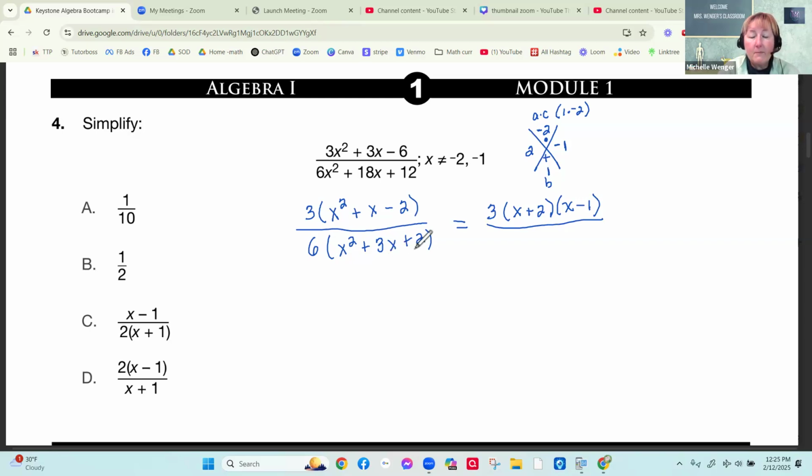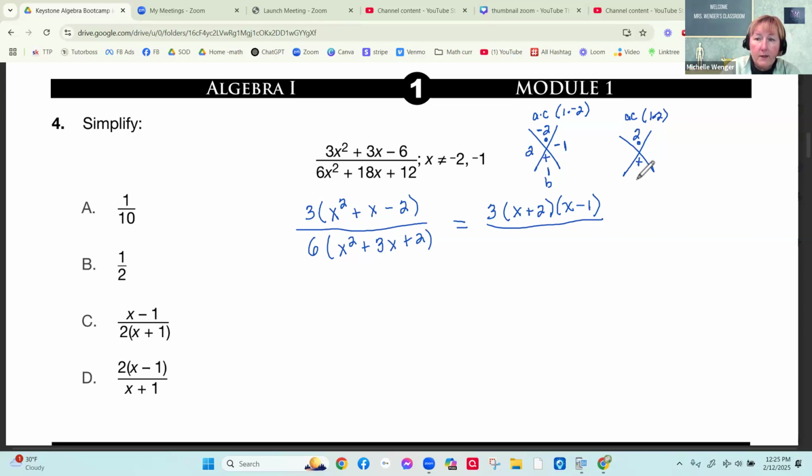Now I'm going to do the same thing with the denominator. I am going to use my little tool here, the times and plus, where this is my a times c value. My a is 1, my b is 3, and my c is 2. So my a times c here is 1 times 2, which would be 2.